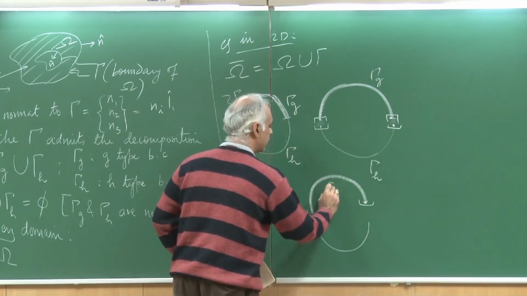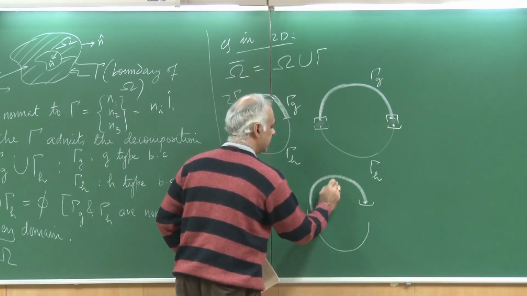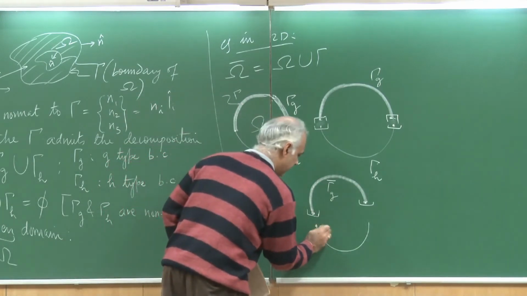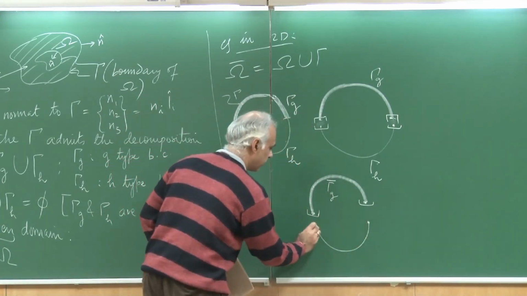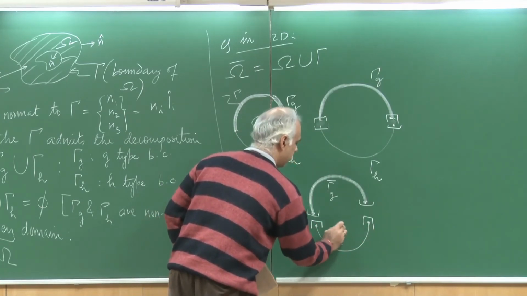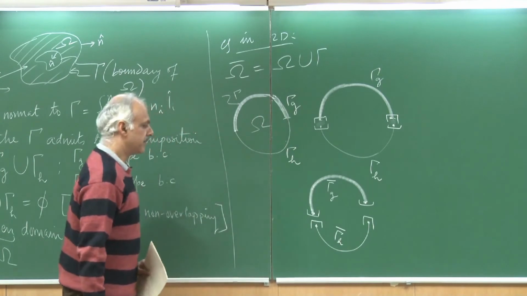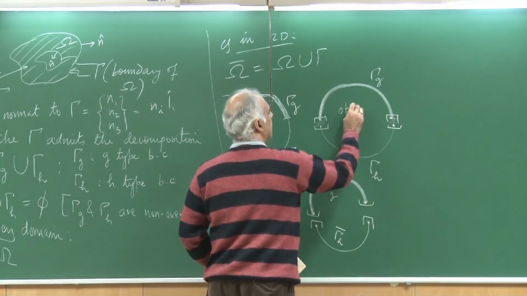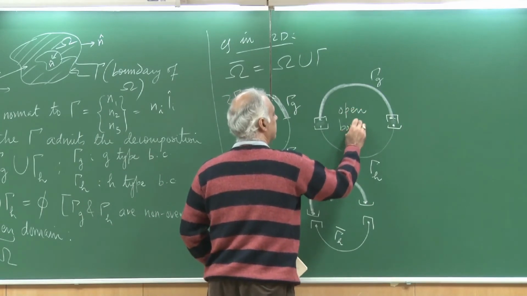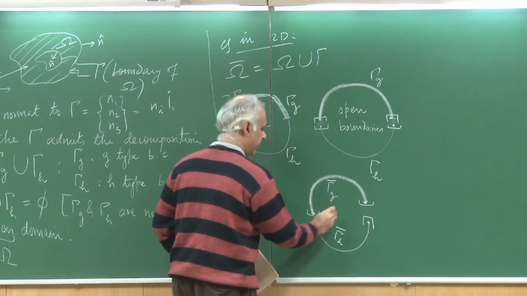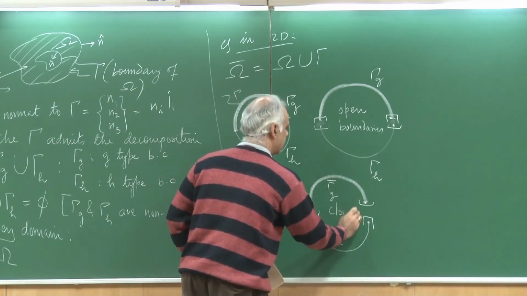So, these I am going to call gamma g bar, because it is a closed boundary, and likewise if I wanted to enclose these points, then I can call this gamma h bar. Okay. So, this is an example of open boundaries, and this is how I am defining the closed boundaries.